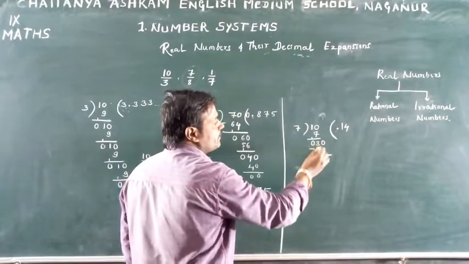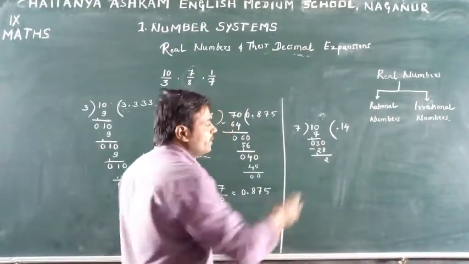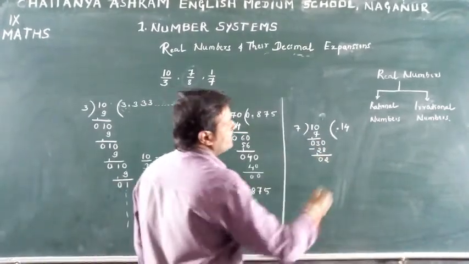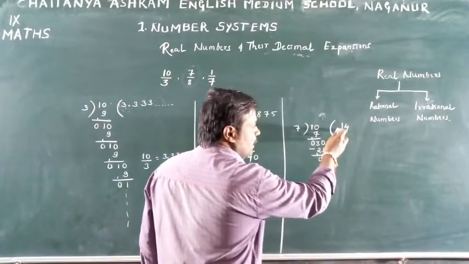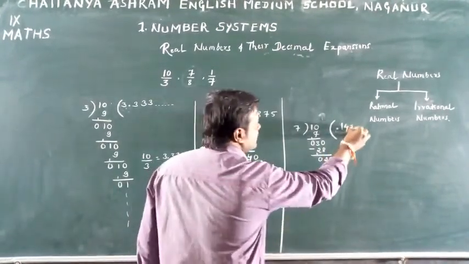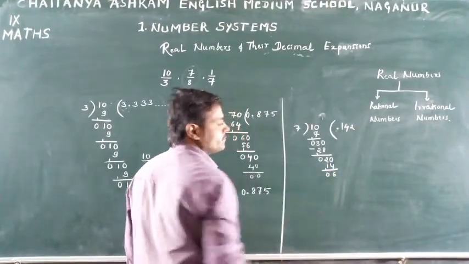10 minus 8 is 2. Carry 1, 3 minus 3 is 0. Then write one more 0. 7 twos are 14, 0 minus 4, 6, 0.